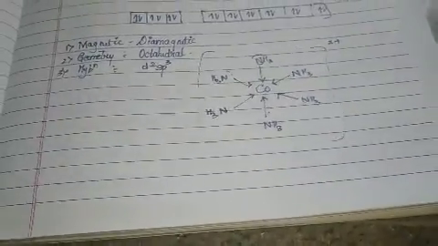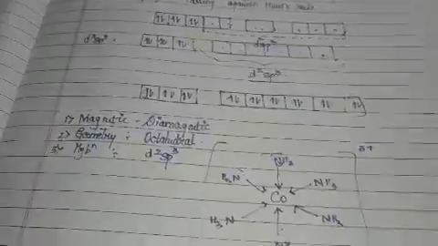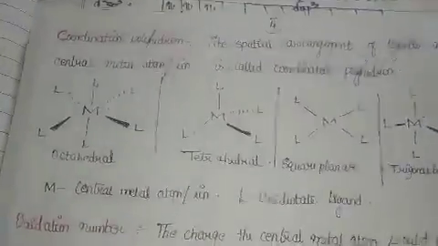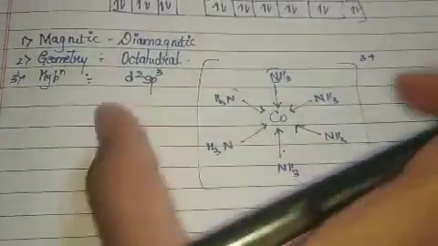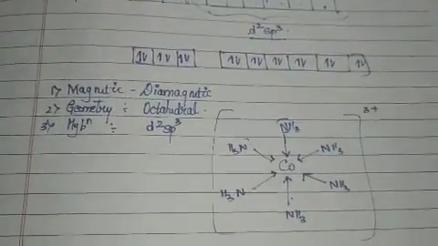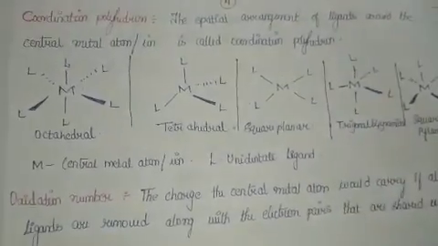Is that clear? One more important thing I have to mention over here is that whatever I have written, of course you can just see that this is your octahedral geometry. This is in a 2D plane, but in the 3D representation, of course it's not needed for your classes, but have a knowledge of it.